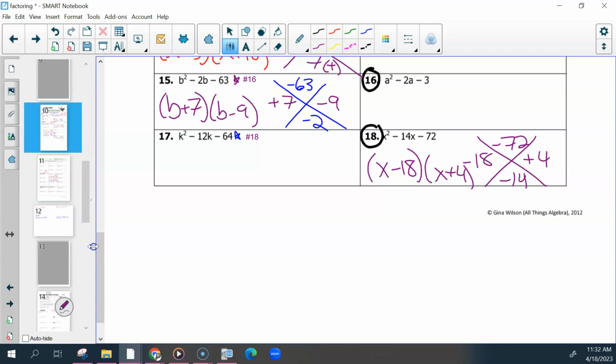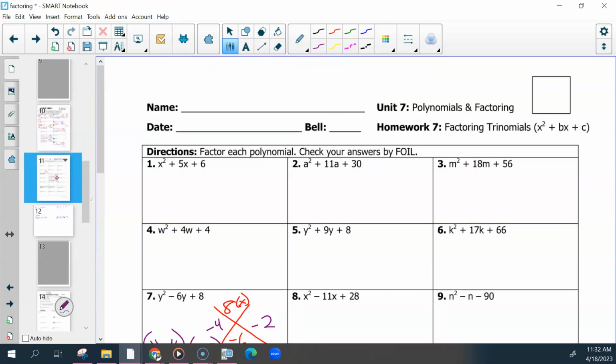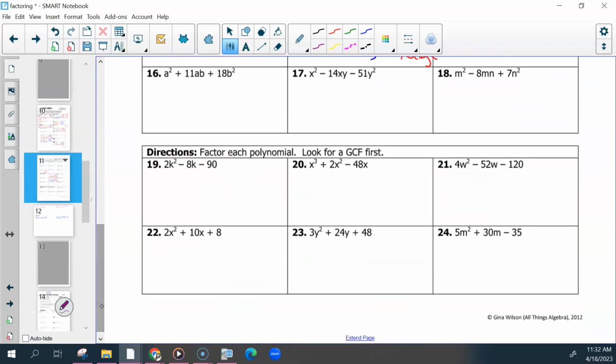We're going to add an extra step on the back of this page. We're going to do a couple of these examples where we now have to factor out a GCF and then do what we just did. So basically, GCF can be combined with all of the different types of factoring, as we saw last class.